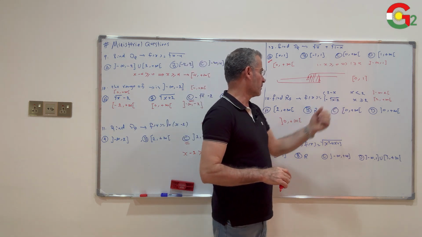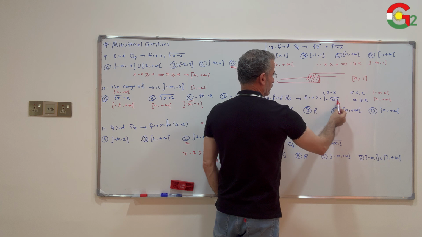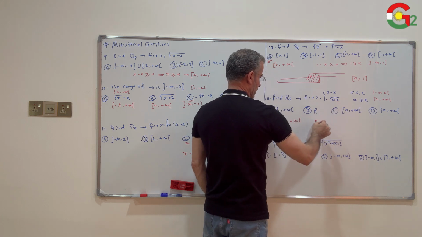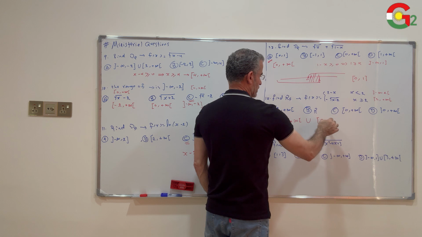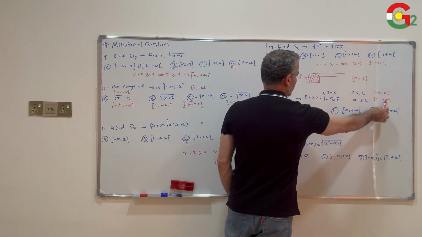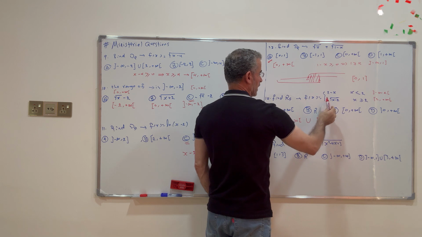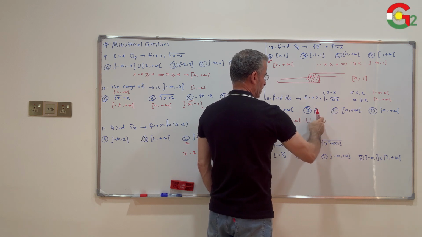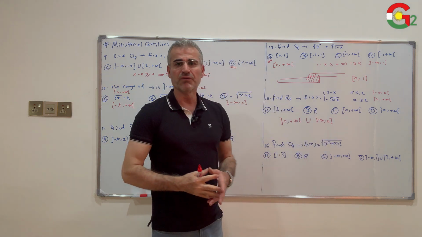For the second segment, let me study the behavior. When x equals 2, 2 minus 2 is 0, 0 times negative is negative 0. Then as x goes to infinity, square root of infinity times negative is negative infinity. Then I have negative infinity to 0, closed interval from the side of 0.